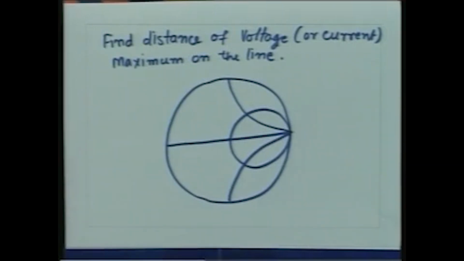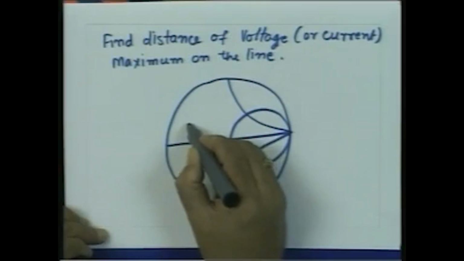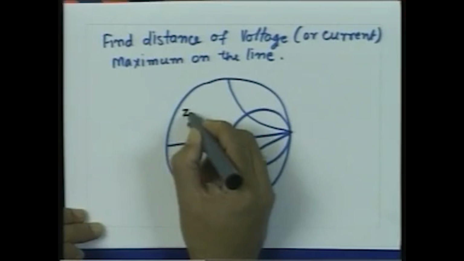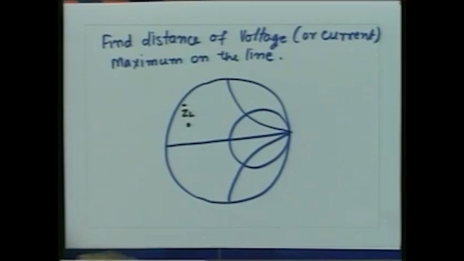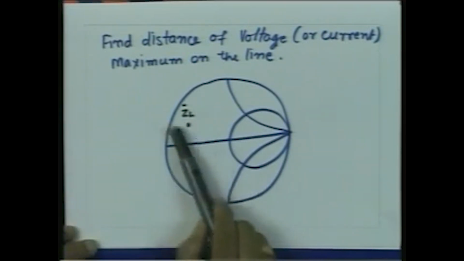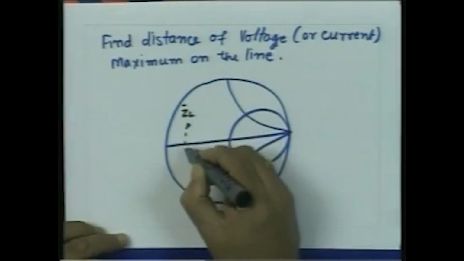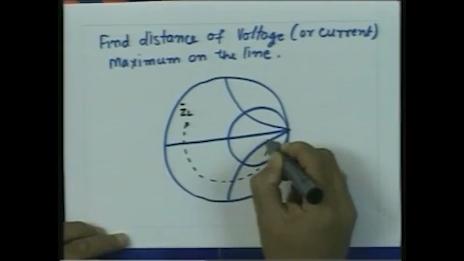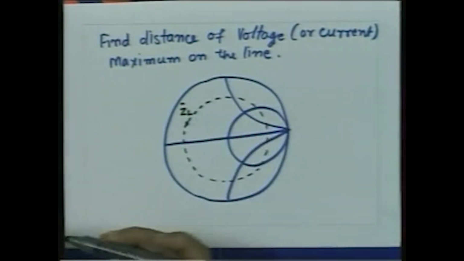Mark the load impedance on the line. Let us say the load impedance is somewhere here, at this point. This is nothing but your ZL normalized. Again, first step, draw the constant VSWR circle passing through this point.